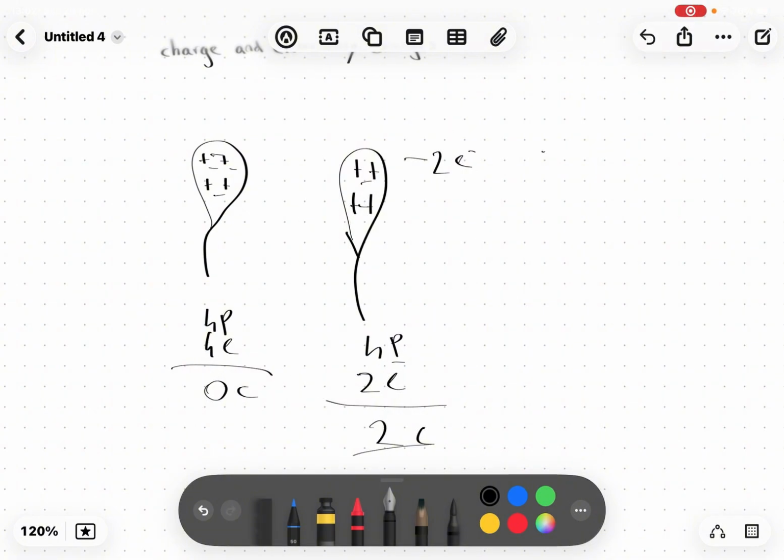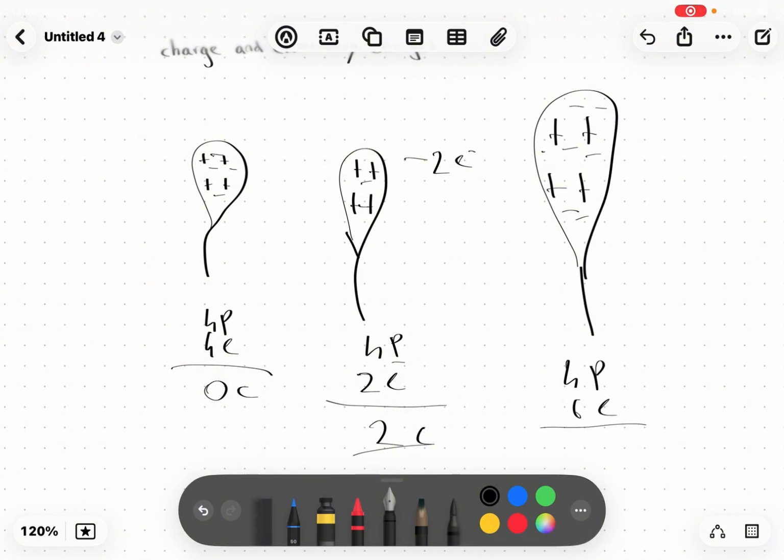If we have a balloon with 4 protons and 6 electrons, 4 minus 6 is minus 2 coulombs, so it's below 0.